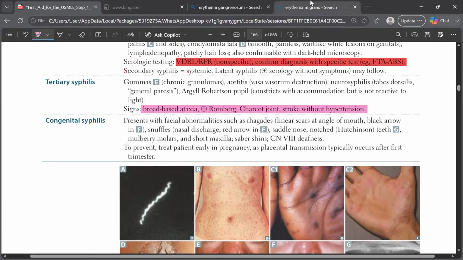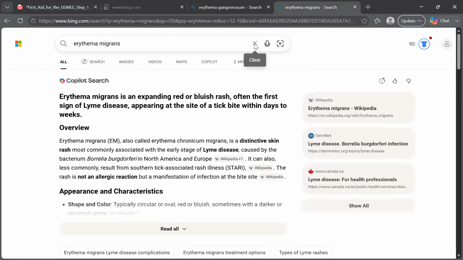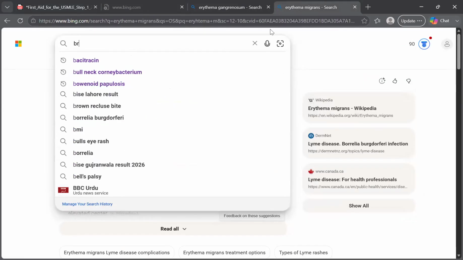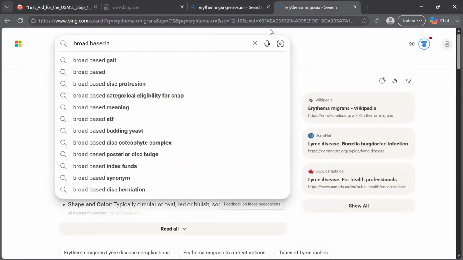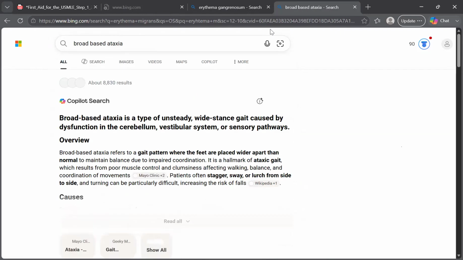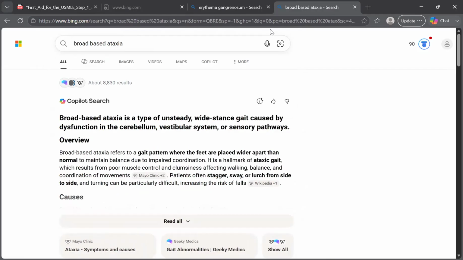Okay. So what is broad-based ataxia? It is a type of unsteady wide-stance gait caused by dysfunction in the cerebellum, vestibular system, or sensory pathways.